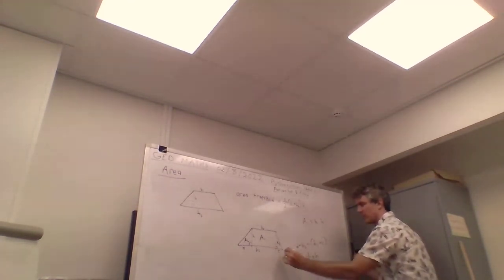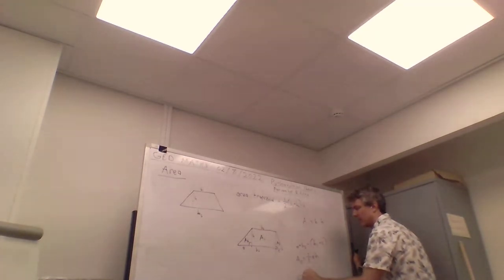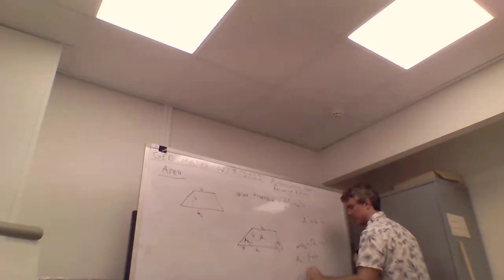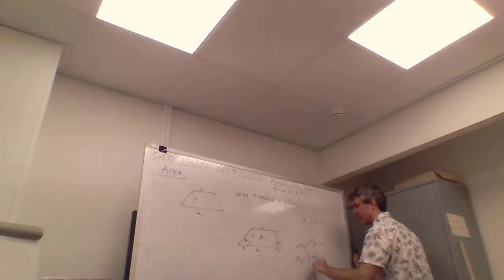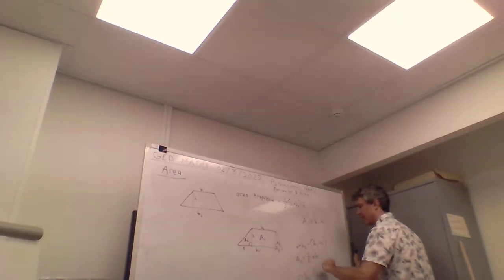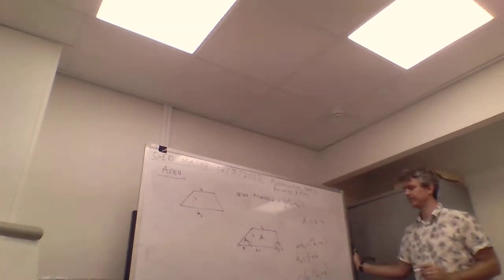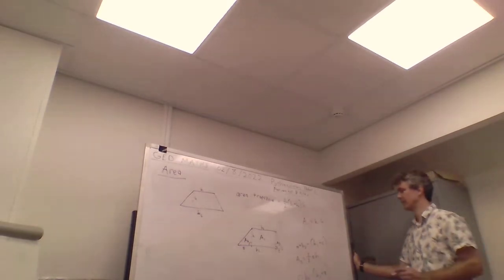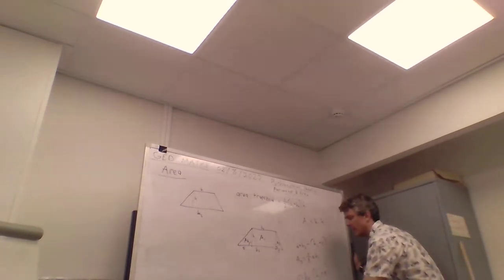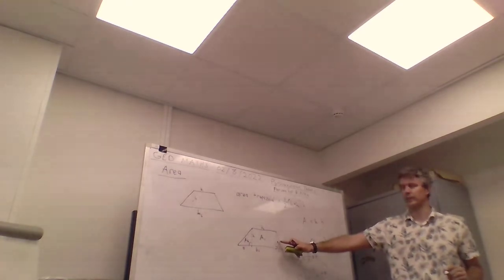And then let's try and find C, which is also B2 minus (B1 plus A), right? Okay, and area 3 equals 1 over 2 C times H, right? This triangle here.